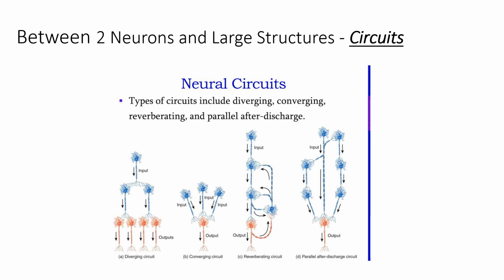That's because neurons can and do organize in circuits. And there are four major ones. We're going to focus on two. The other two may be a little beyond the scope of this course. Just have an awareness that there's more than two, but the two general ones I want to talk about are first the diverging circuit.